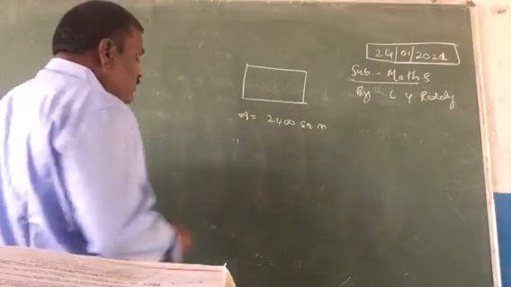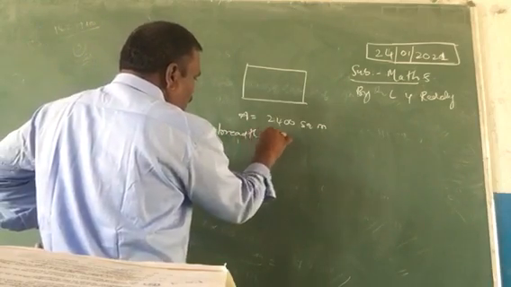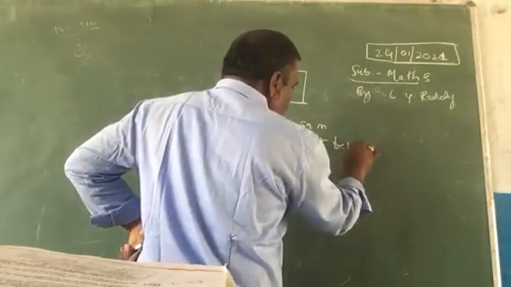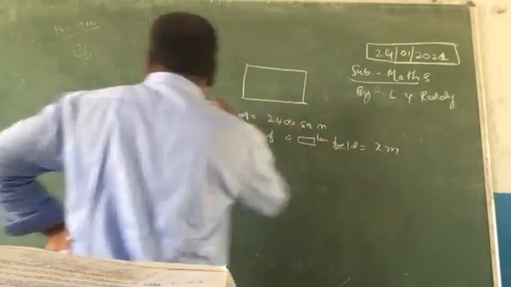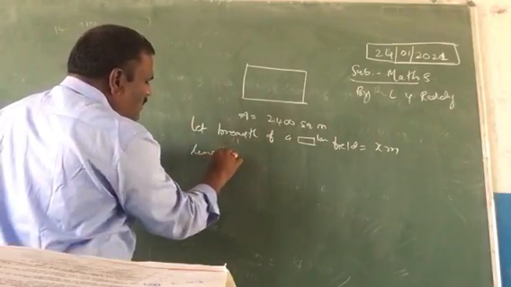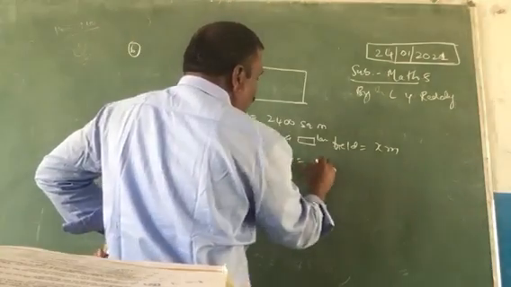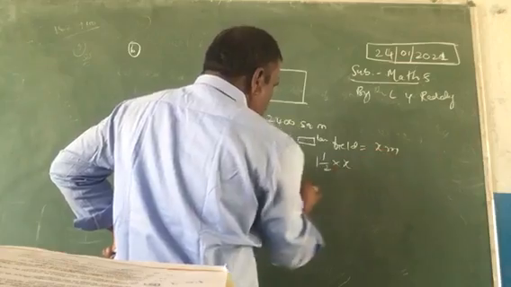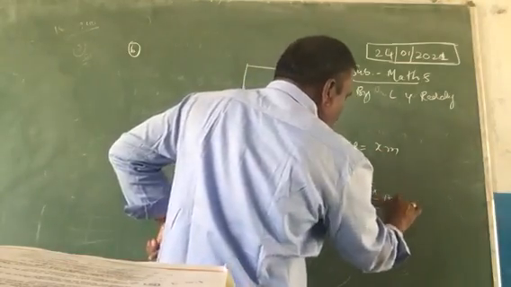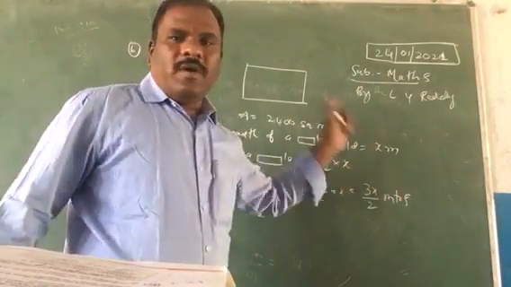Let the breadth of the rectangular field be x meters. Now length equal to how much? Length of the rectangle equal to 1.5 times x. That means 3 by 2 into x equal to 3x by 2 meters.